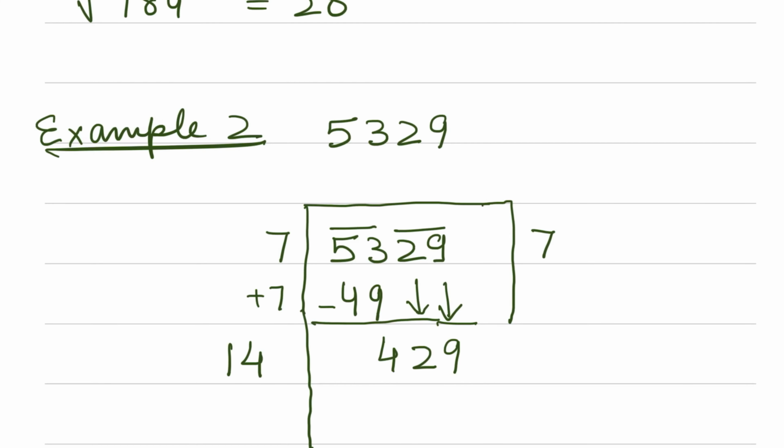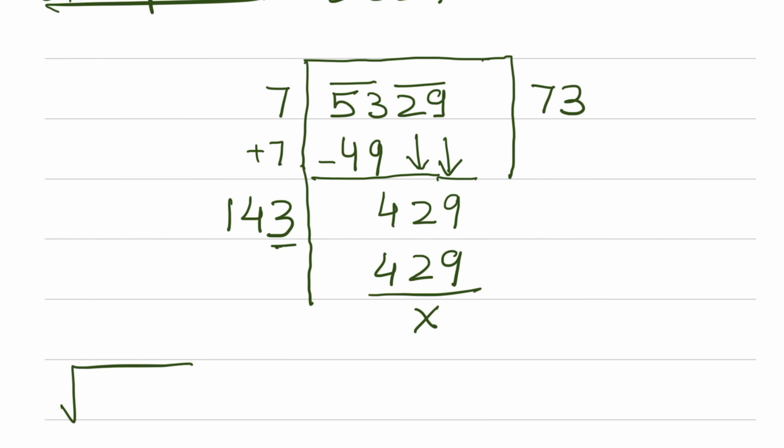Let me see, I think it will just go by 3. So 3 here and 3 here. So 3 times 3 is 9 and 3 times 4 is 12 and 4, so we get 0. So I get 73. So I can see that the square root of 5329 is equal to 73.